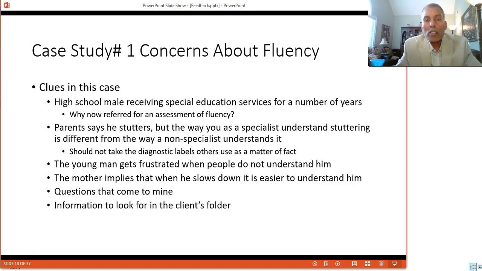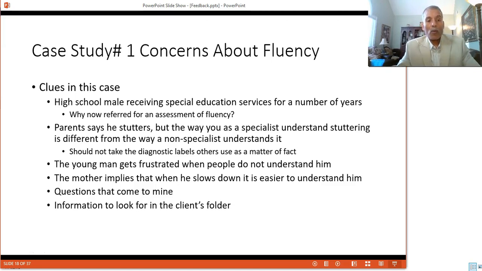He couldn't understand his own words as he was listening to the recording. He says, now I know how people feel and how they cannot understand me, how I can't understand even my own speech. So that was awareness that I spent a lot of time working with him to build. And this is where treatment became more meaningful.